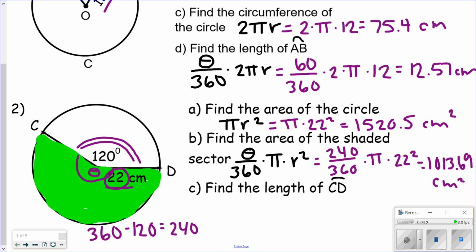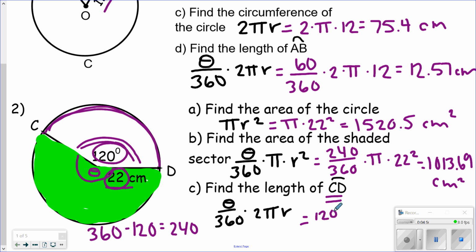In part C, we want to find the length of arc CD. Since it is just 2 letters, we know that we're talking about this arc right here, this minor arc. Once again, the equation for arc length is theta divided by 360 times 2 pi r. Since we're talking about this arc, our theta this time is 120.